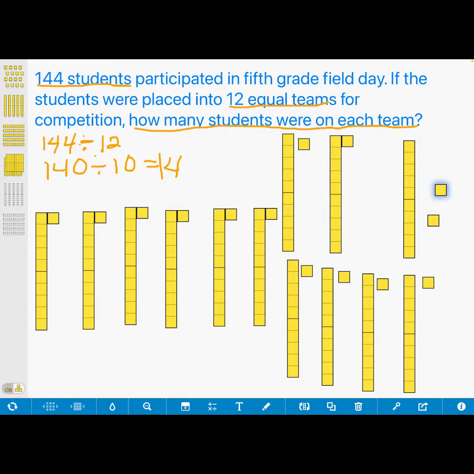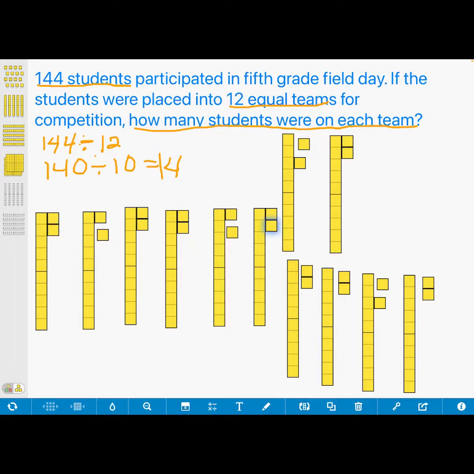Okay, and I have 2 units left, and then I have a 10 left, so I'm going to decompose that 10 and do the same thing. Distribute into my 12 groups. And so now I don't have any more base 10 blocks remaining.